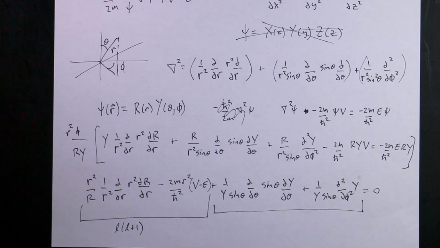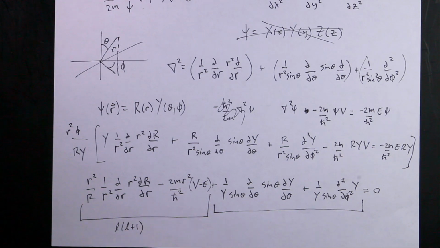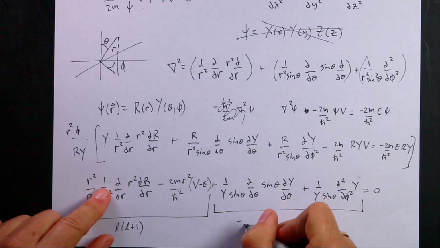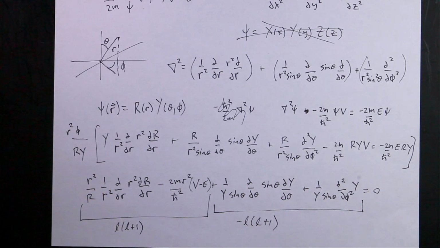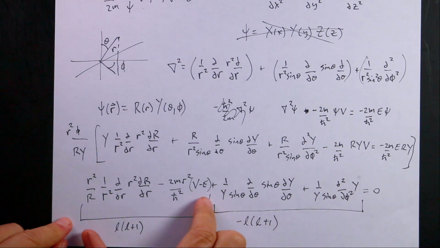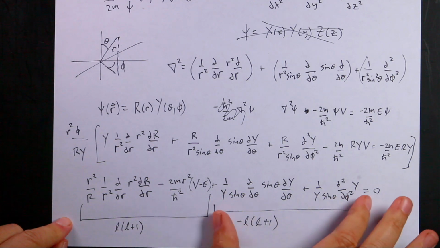Okay, either that or intuition. But if you don't do this, it makes it really complicated. If you do this, it makes it nice. And so if that's the case, then this would have to be equal to negative L times L plus 1. Okay, so we have an equation that just depends on r, and an equation that just depends on theta and phi. And they're both equal to a constant, so that's good.